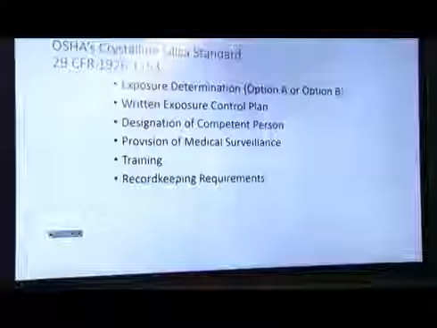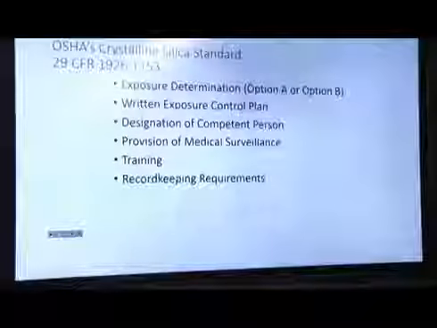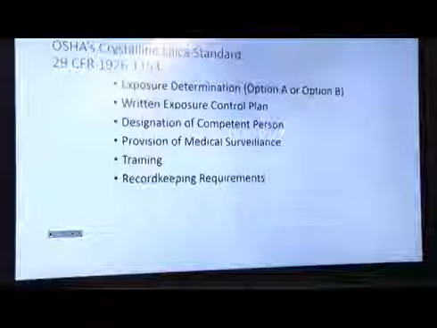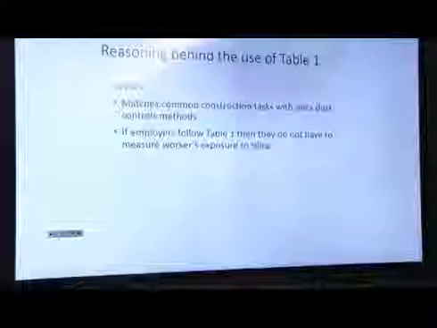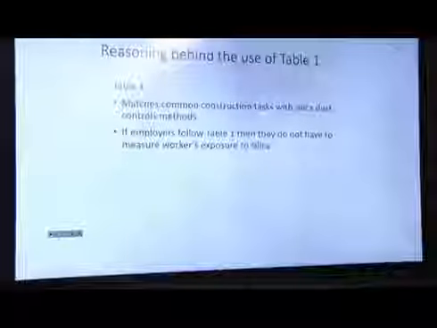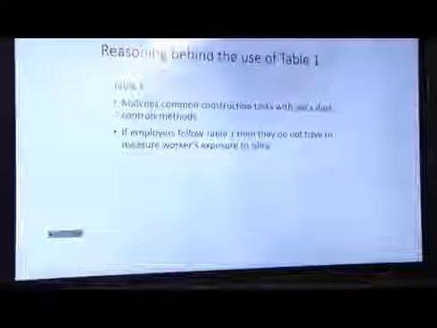So, exposure determination in the silica standard, they either give you option A or option B. Option A is very, very common. I think this is what most construction companies are going to be going with, which just says to use Table 1.